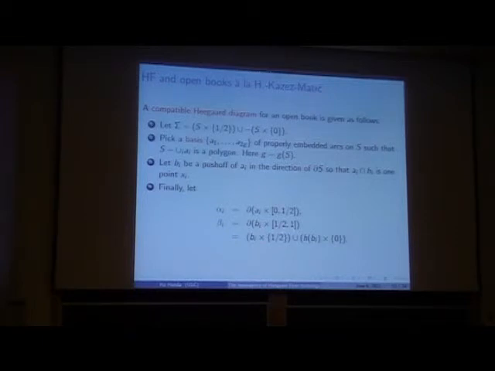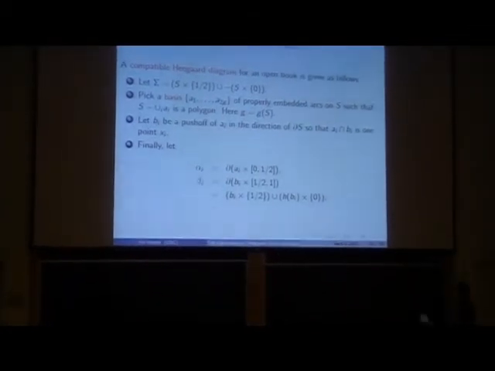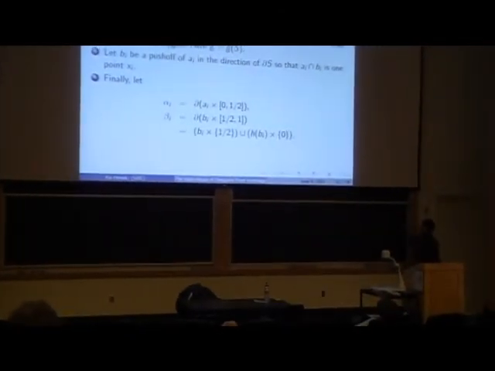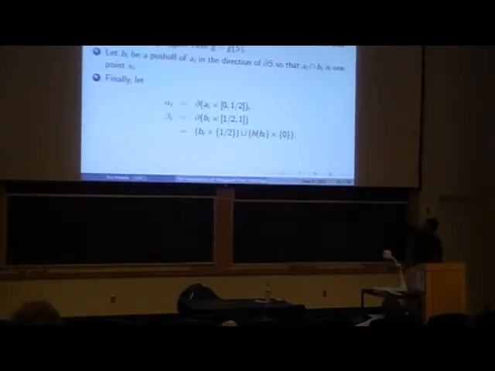If you apply the monodromy, you get Bi cross 1/2 union h of Bi cross 0. Roughly speaking, this is the intersection pattern of the A's and B's on S cross 1/2. This is the boring stuff that's going on.